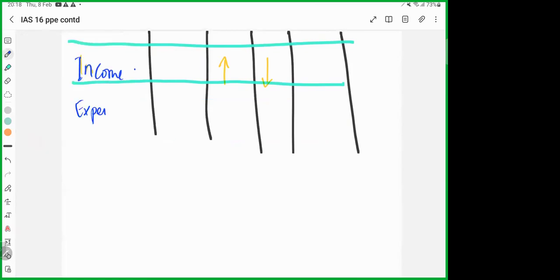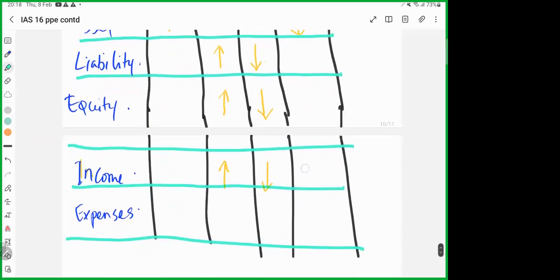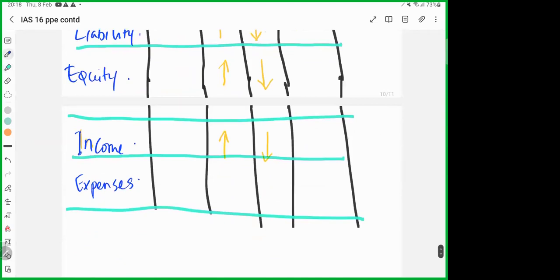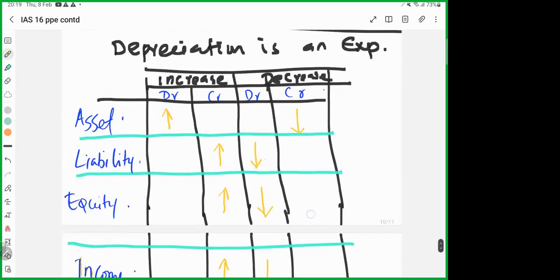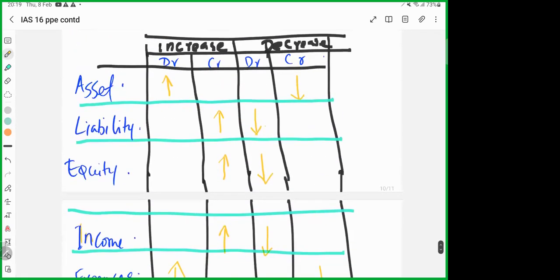Expense: expenses increase, debit; decrease, credit. This table should be a very important table, and any double entry you can pass based on these rules. Understand me?